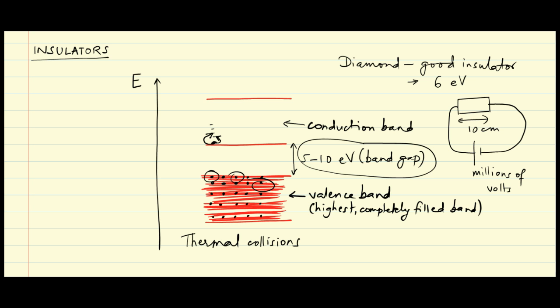So if the thermal collisions are able to push these electrons up from the valence band into the conduction band, then we will see that the insulator becomes a good conductor of electricity.